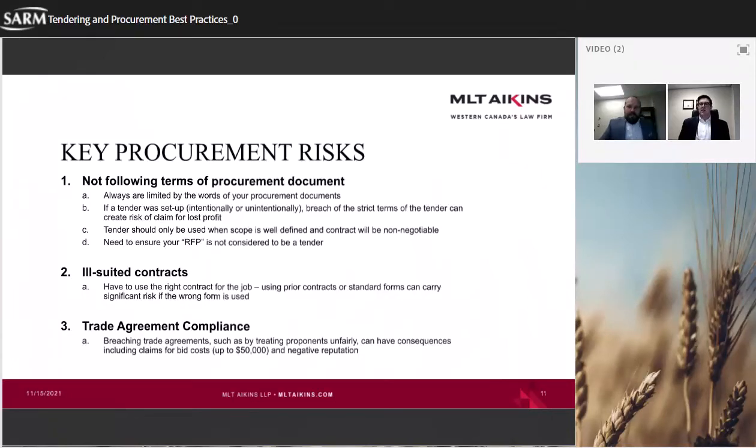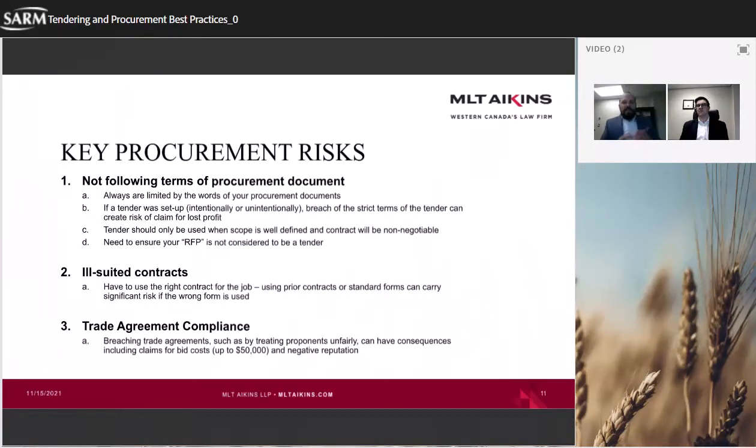So as Andrew was saying, the next few slides are going to be talking about key procurement risks, which are considerations that owners really have to put their mind to when they are developing a procurement strategy for a project, when deciding how and who to award as the successful proponent, and some of the consequences that may arise in the event that they haven't thought about these things, or they make a misstep.